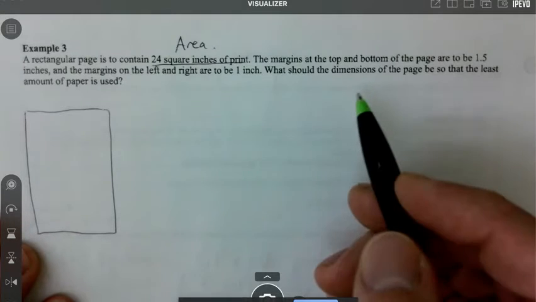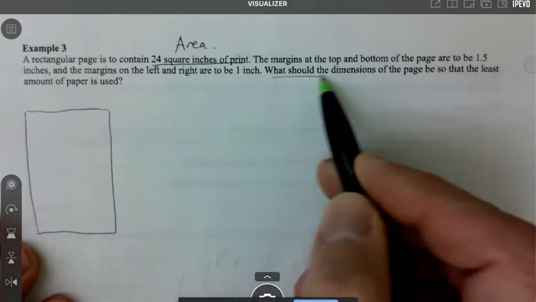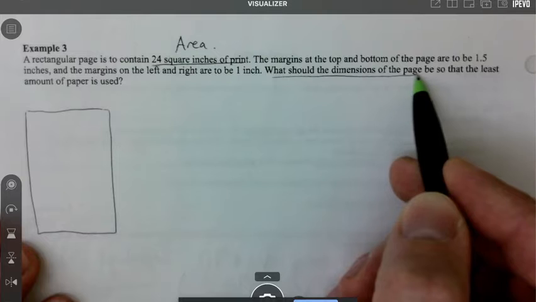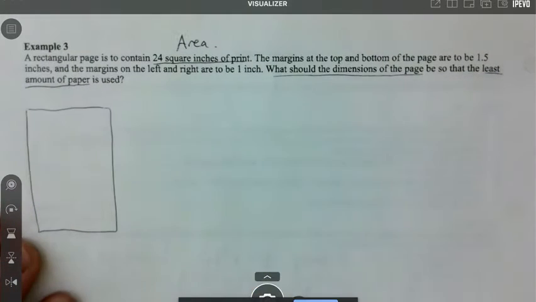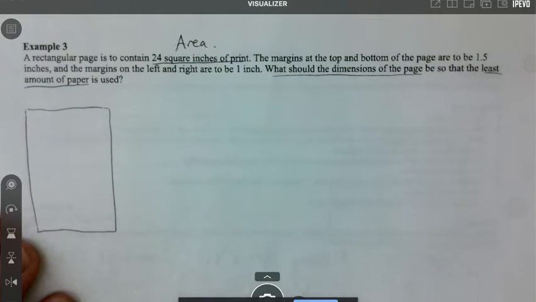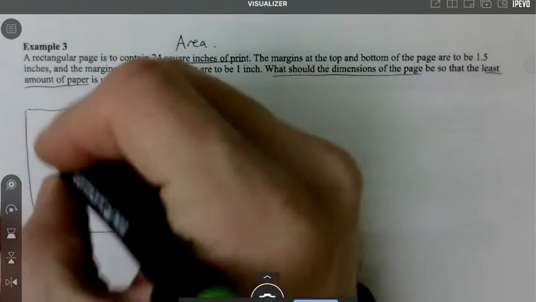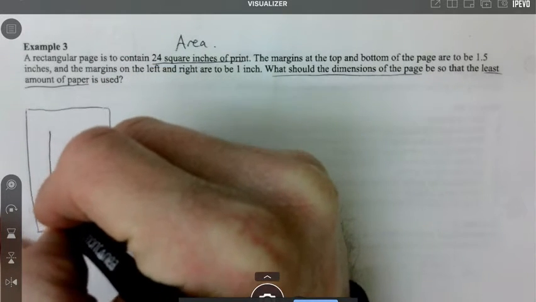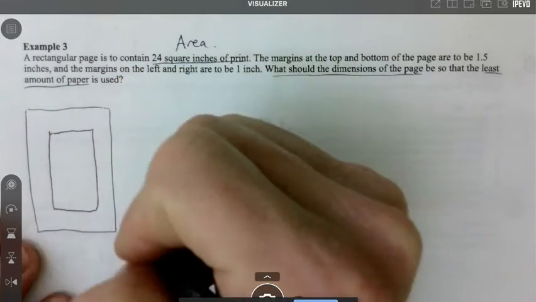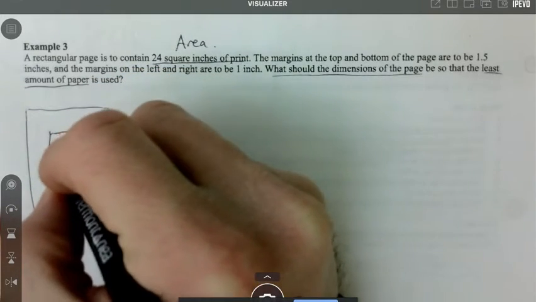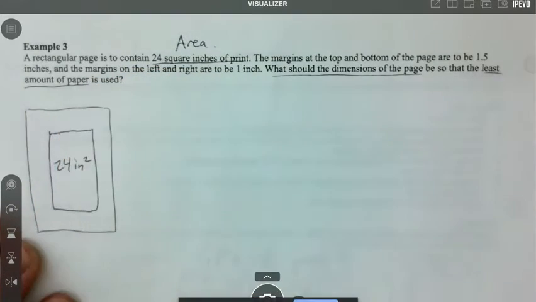It's asking what the dimensions of the page are to use the least amount of paper. A little bit confusing in the wording, but basically you have this interior piece that contains print, and that's 24 square inches.